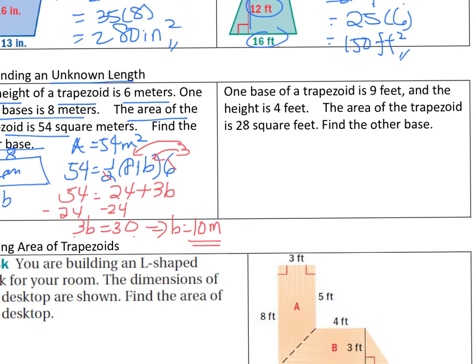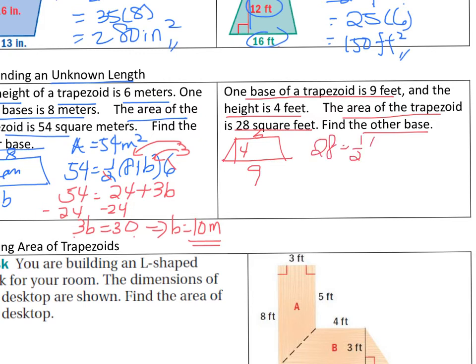Let's do one more of these. One base of a trapezoid is 9 feet, and the height is 4 feet. The area of the trapezoid is 28 square feet. Find the other base. I'm going to use the formula again. I know my area is 28.